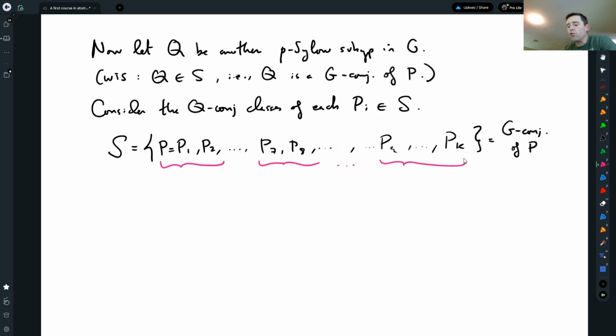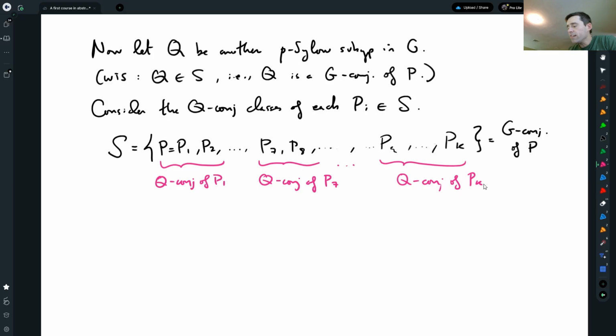All of these are Q conjugates of say P1. These are the Q conjugates of P7. These are the Q conjugates of PK. If one is conjugate to another, the other one is conjugate to it via Q conjugation. So there are some conjugacy classes, which are the orbits of Q acting on S via conjugation.